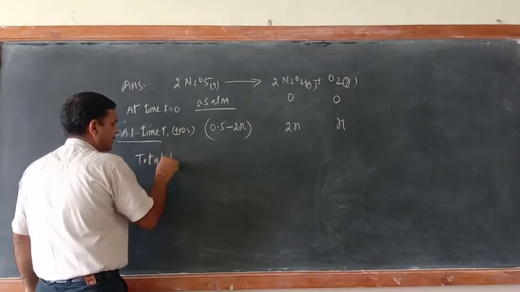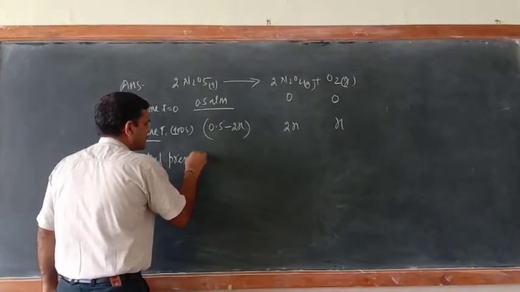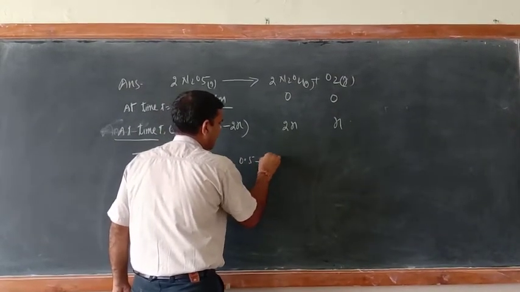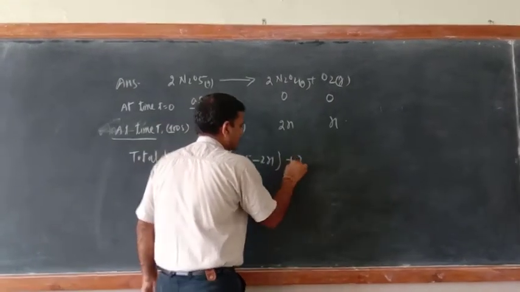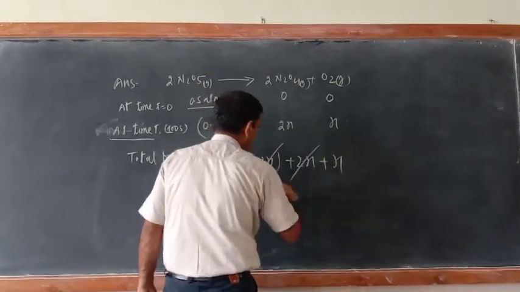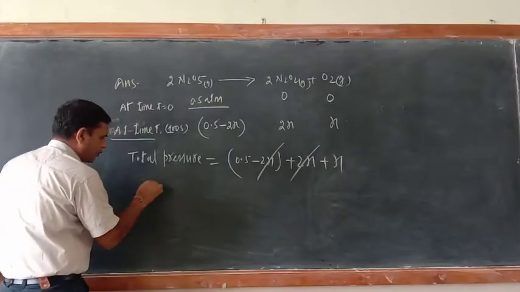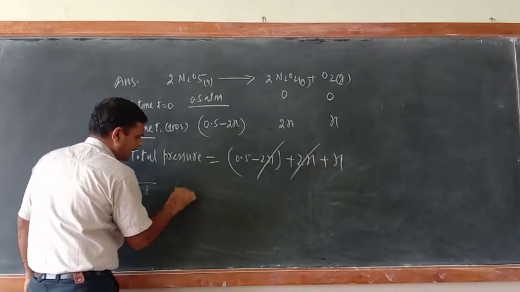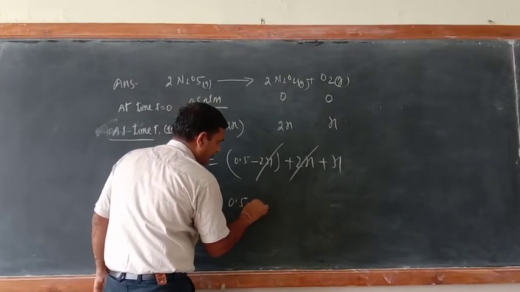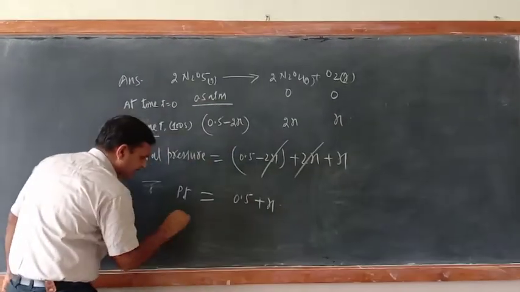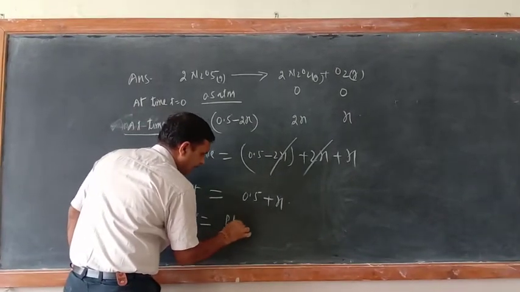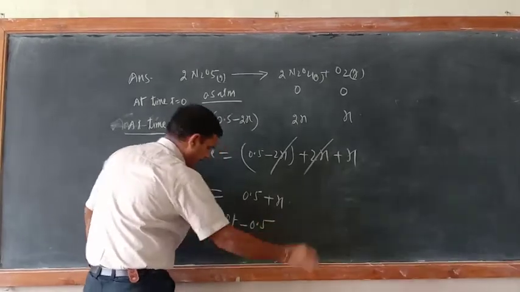So total pressure of the reaction mixture at that time will be equal to 0.5 minus 2x plus 2x plus x. So 2x will be cancelled out. Now total pressure, and now I am writing PT, PT equal to 0.5 plus x. So x equal to PT minus 0.5.